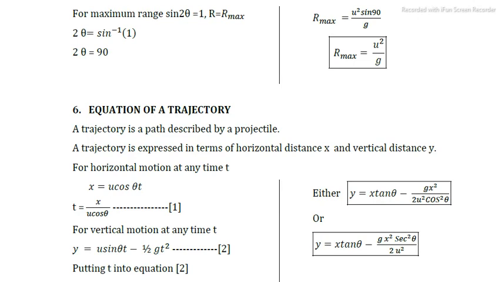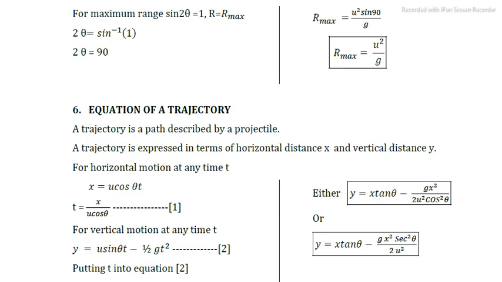This is the logic. The condition for the stone to move a longer distance is sin 2 theta must be equal to 1, and if sin 2 theta equals 1, then that implies that theta has to be 45. That's why you bend, because you are looking for the angle of 45, which can take the stone far.